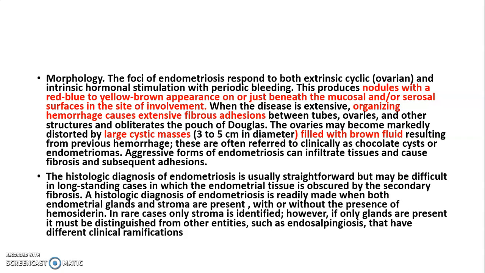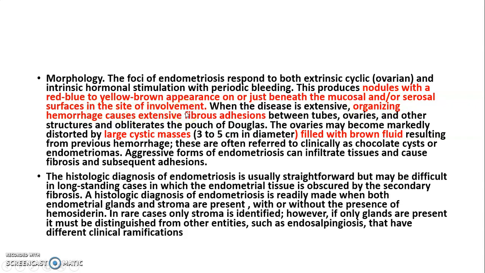So morphologically, the foci of endometriosis respond to both extrinsic cyclic and intrinsic hormonal stimulation with periodic bleeding. This produces nodules with red, blue to yellow-brown appearance on or just beneath the mucosal or serosal surfaces in the site of involvement.